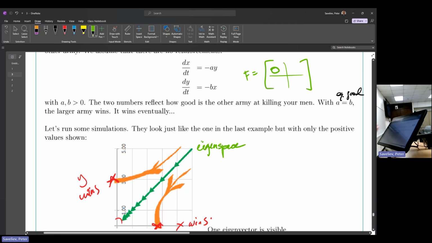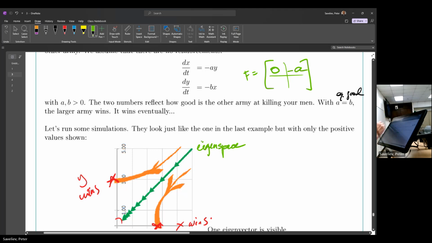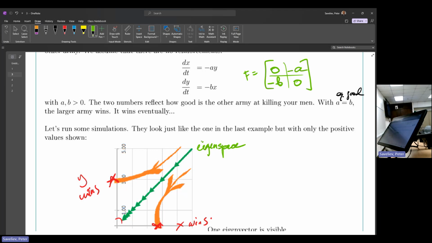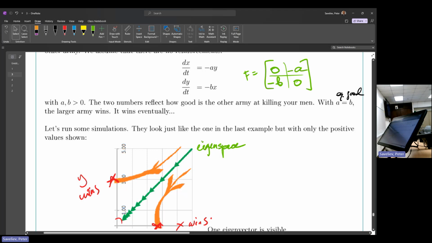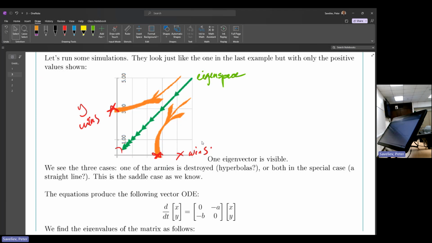And the coefficient of y is -a. In the second equation, the coefficient of x is -b, and the coefficient of y is 0 again. So that's a matrix, but it's not a diagonal matrix. You have to do a little bit of analysis in order to produce the result, but nonetheless, it's still a quadratic equation. So no trouble whatsoever. The matrix is right here: 0, -a, b, 0.